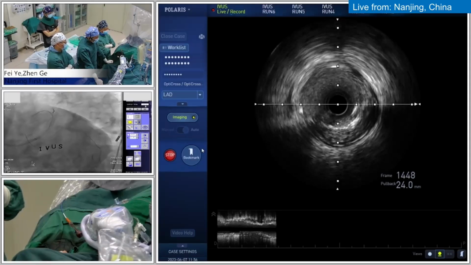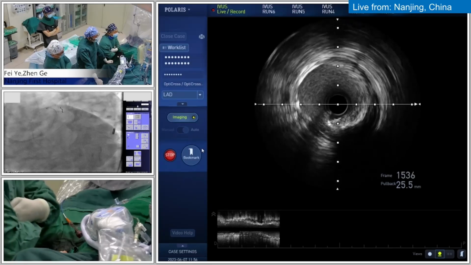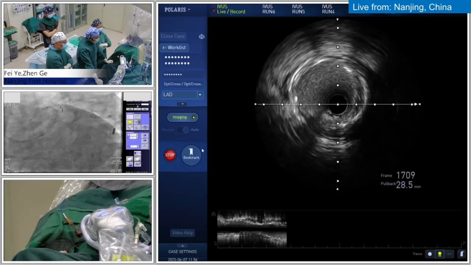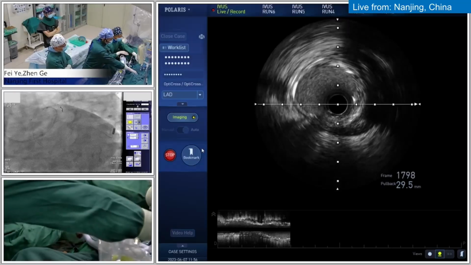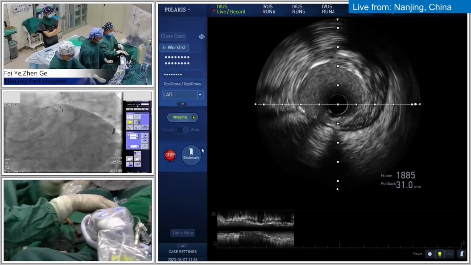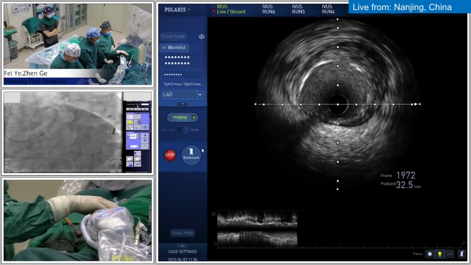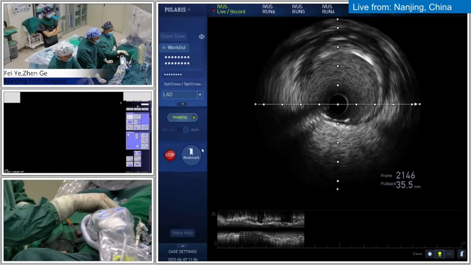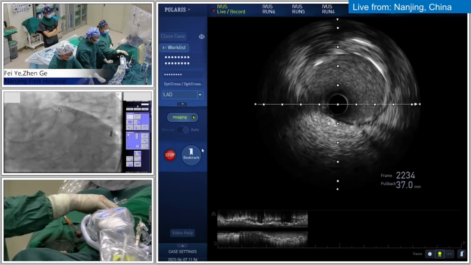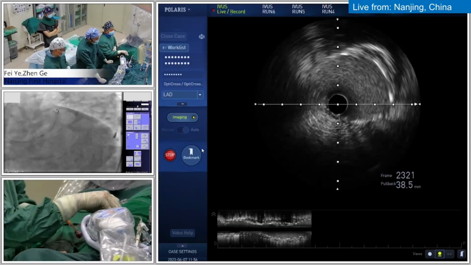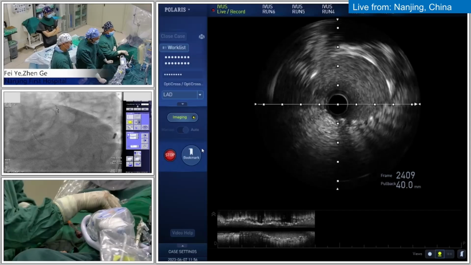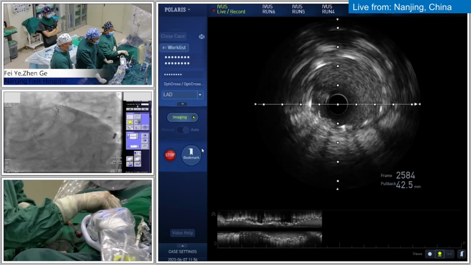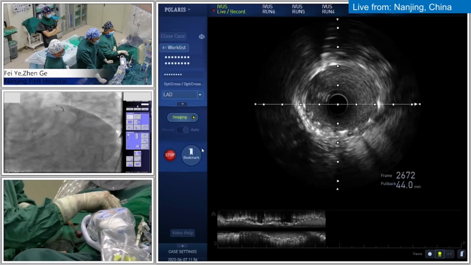The proximal LAD stent diameter is more than 3.0, about 3.25. Here it is more than 3.5, very good. Ostial LAD, maybe 9 o'clock, you can see the side branch.